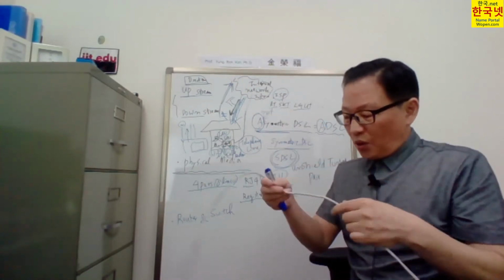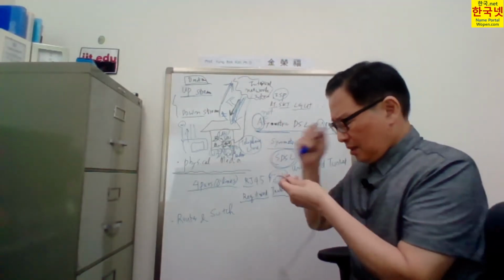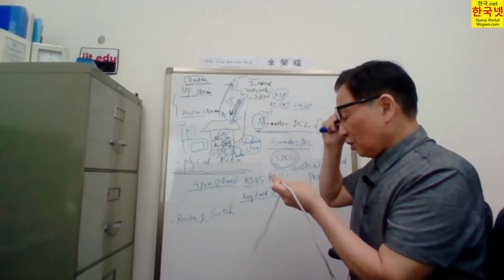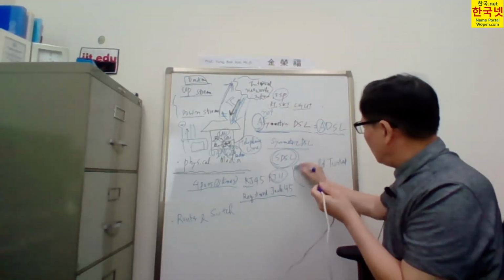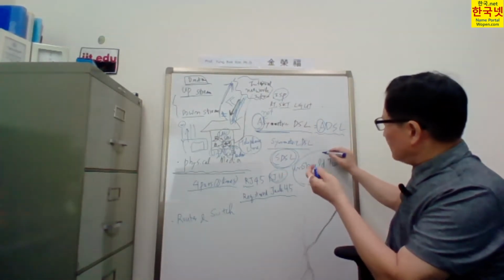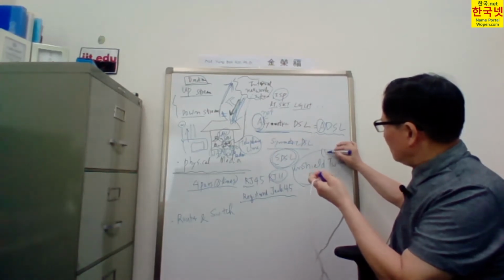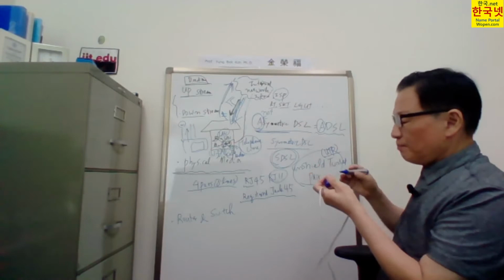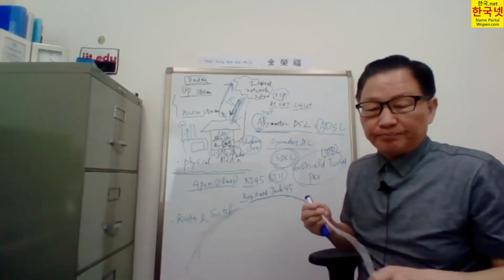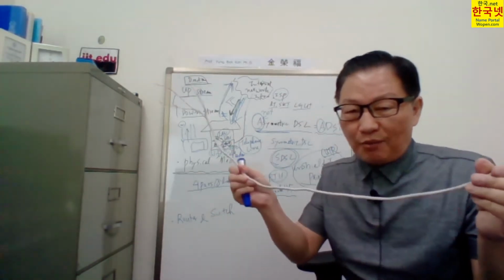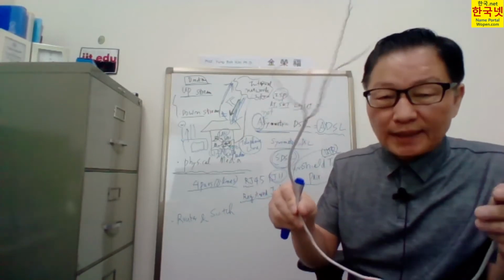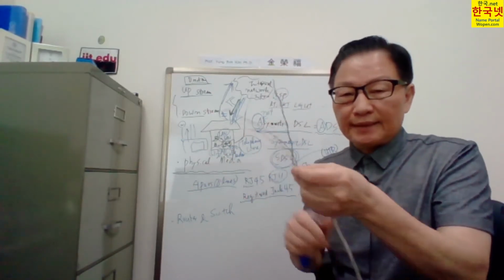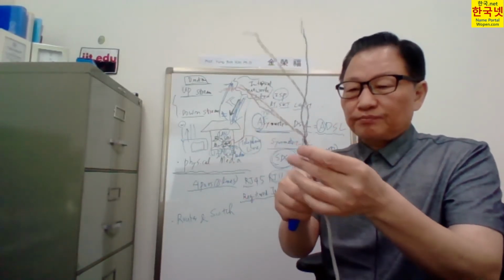Okay, this is called UTP, unshielded twisted pair, and using that acronym UTP is more common. This is called UTP cable, most common in the world for Ethernet cable.